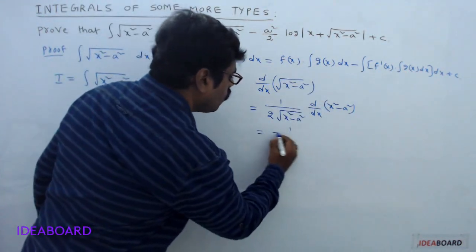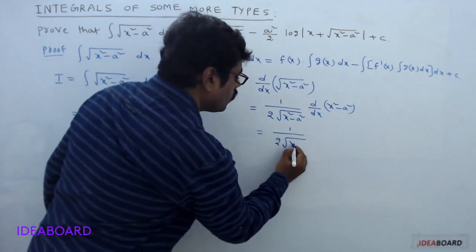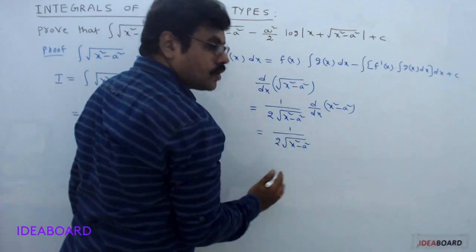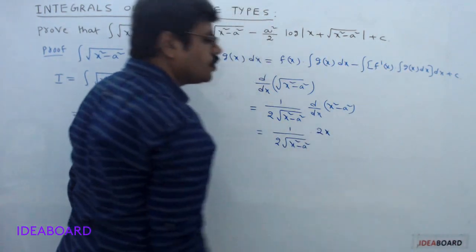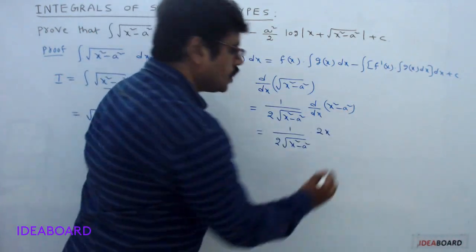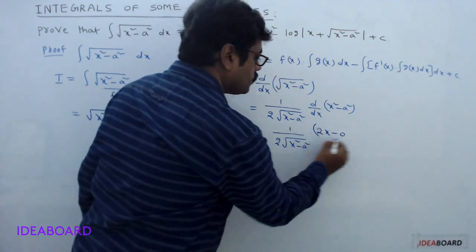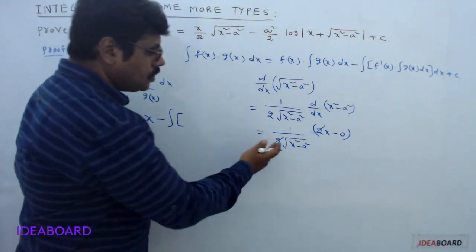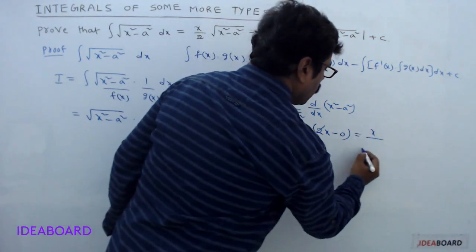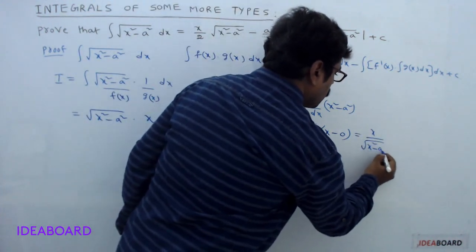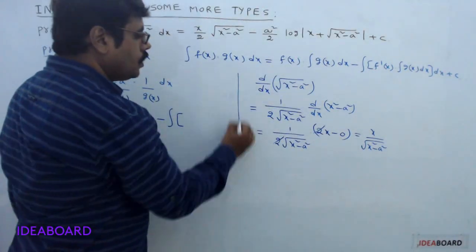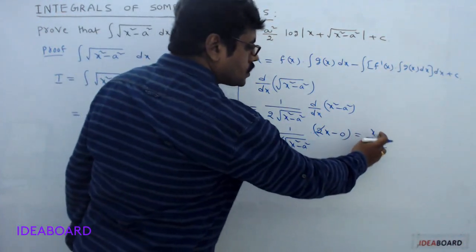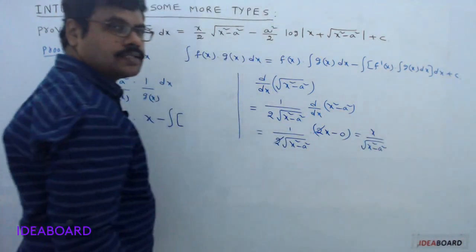The derivative of x square is 2x, and a square is a constant, so its derivative is 0. Now the constant 2 will be cancelled. So this is x divided by square root of x square minus a square. So the derivative of root of x square minus a square equals x divided by root of x square minus a square.